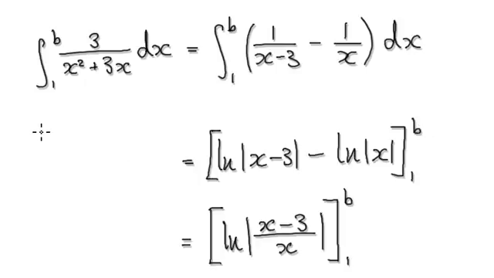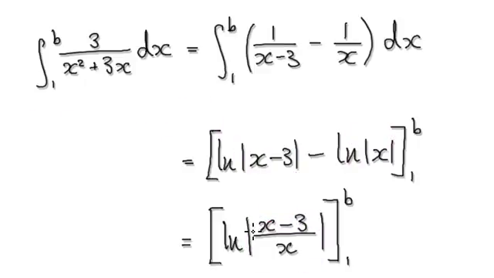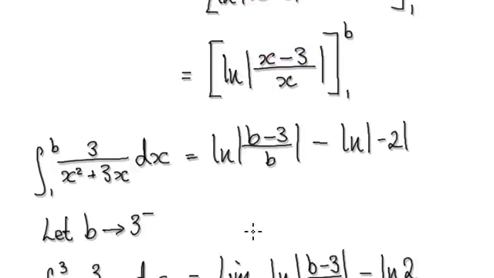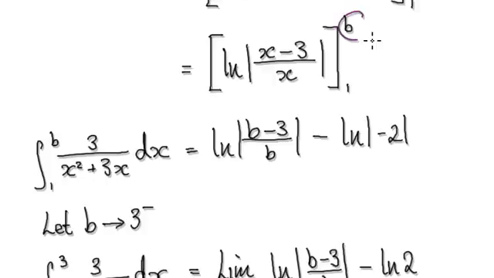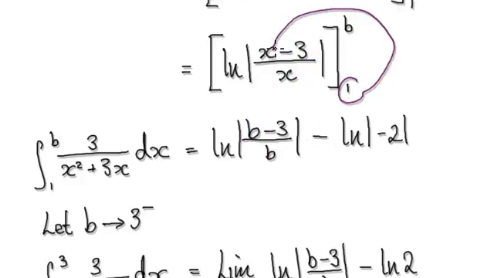Now remember natural log of A over B is the same as natural log of A minus natural log of B. So we can combine these two together. That will then give us this. Now we can put this into here. That will then give us this. Take away, now put 1 into here.